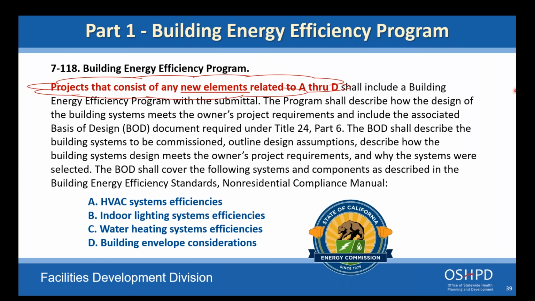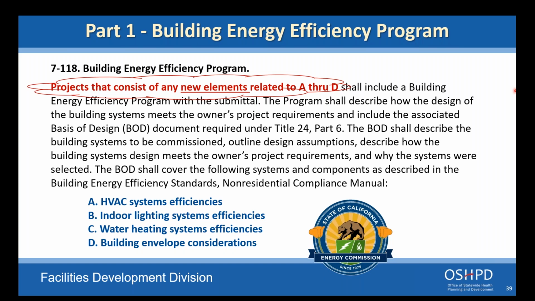So what's required for energy efficiency program? And it's basically new elements related through A through D here. And so this is HVAC systems, indoor lighting systems, water heating systems, and the building envelope considerations. And the key word here is new elements.